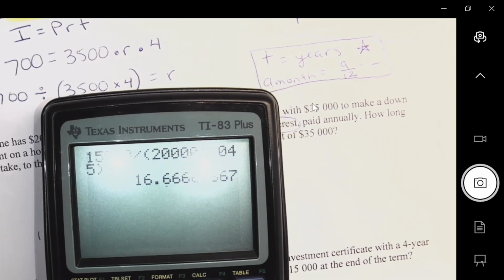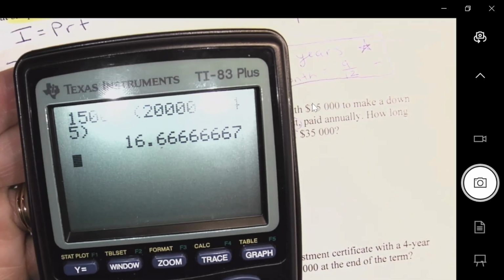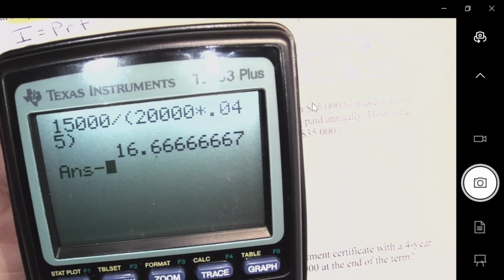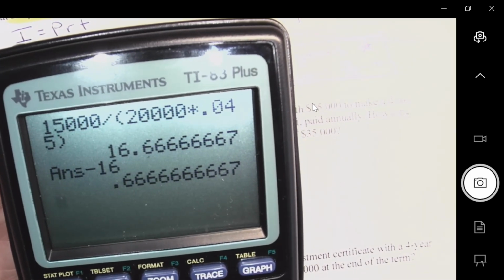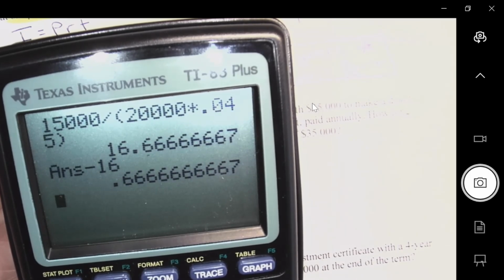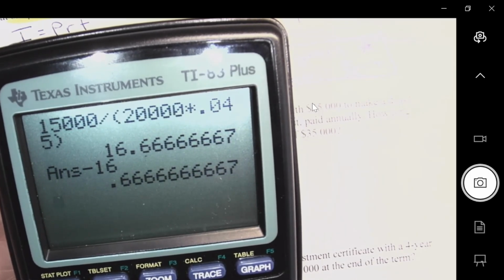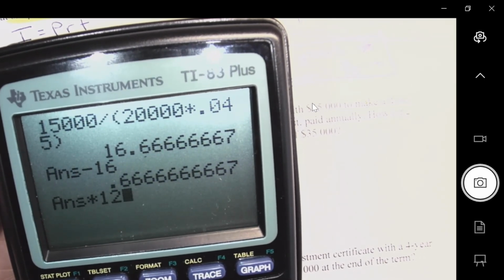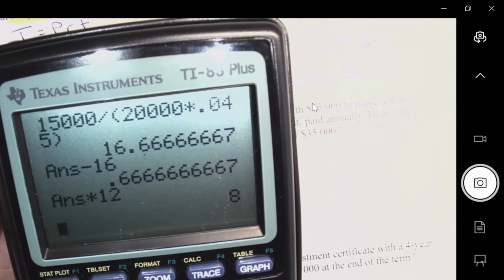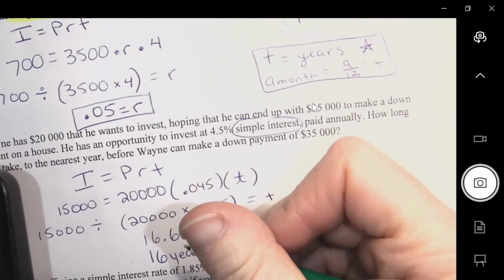So what I'm going to do on my calculator is I'm going to, first of all, just minus the 16 because I've already considered the 16. And then I'm going to take that and do what with it? Going to times it by 12. 8 months.